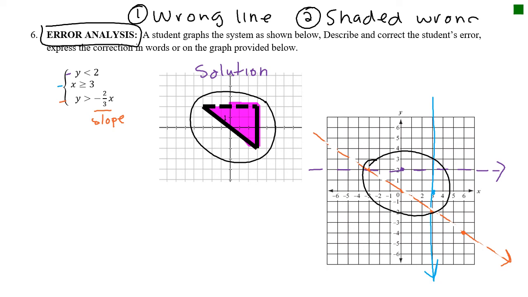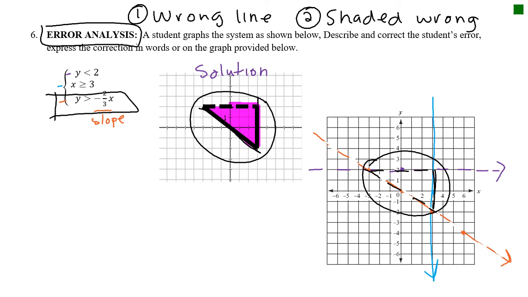Those are your two options. I'm going to check the lines first and then the shading. For this one, the top line has to be dashed. Is my top line dashed? Yes. The one on the side is solid, and I do have a solid line. What's the difference? This line, they gave it to me solid and I put it as dashed. So my mistake is the third line.